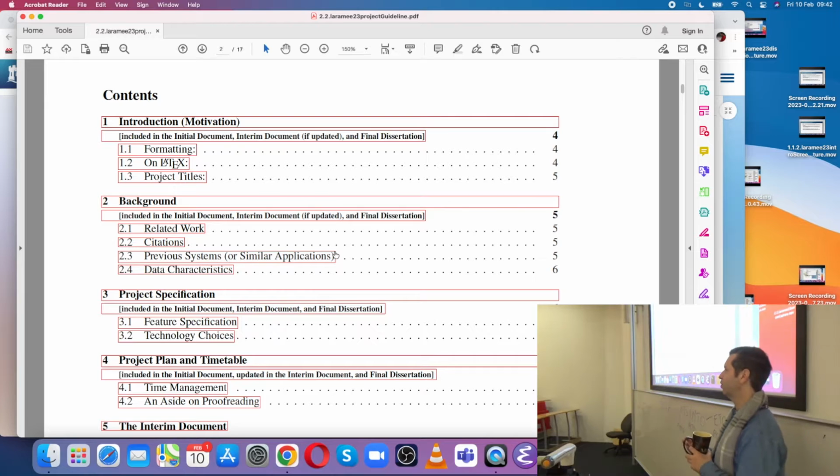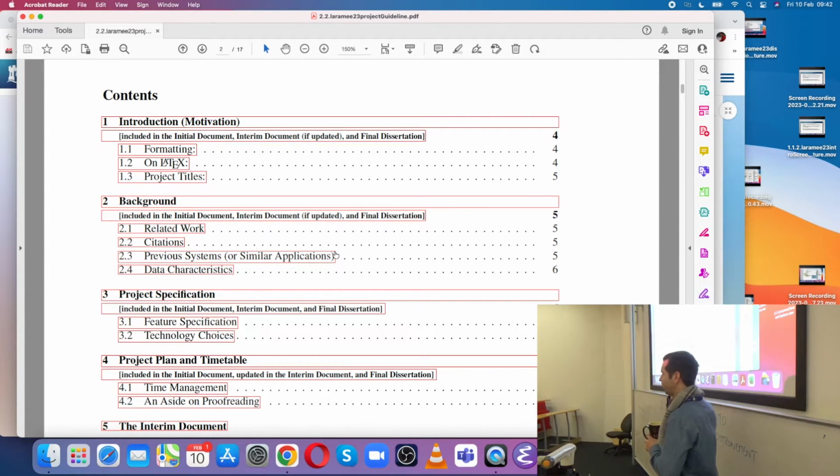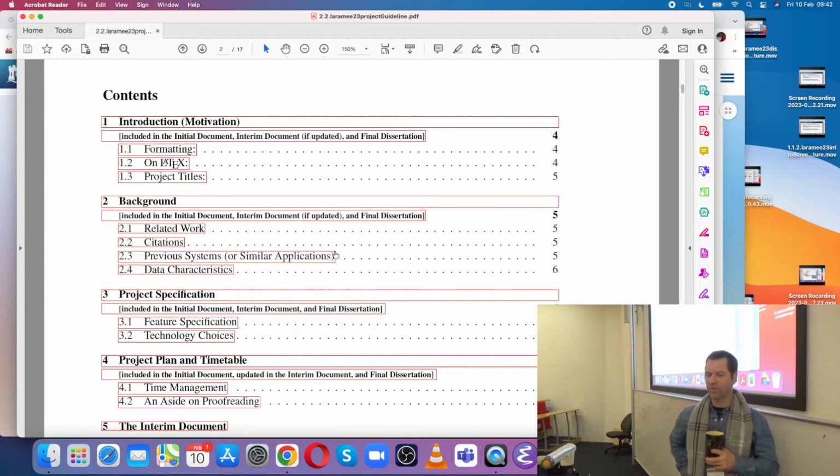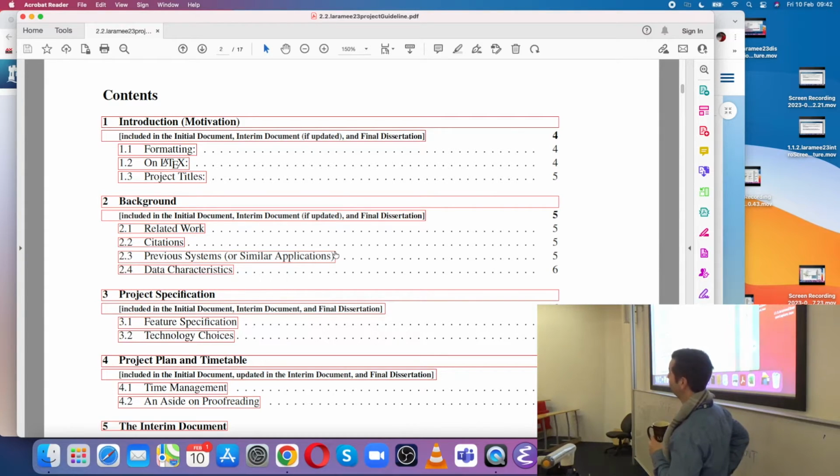Any other questions? That was a good question, by the way. Would the document word count include section 7? It depends on who's scoring the document. So that's something you want to ask your supervisor. I personally do not count the words.